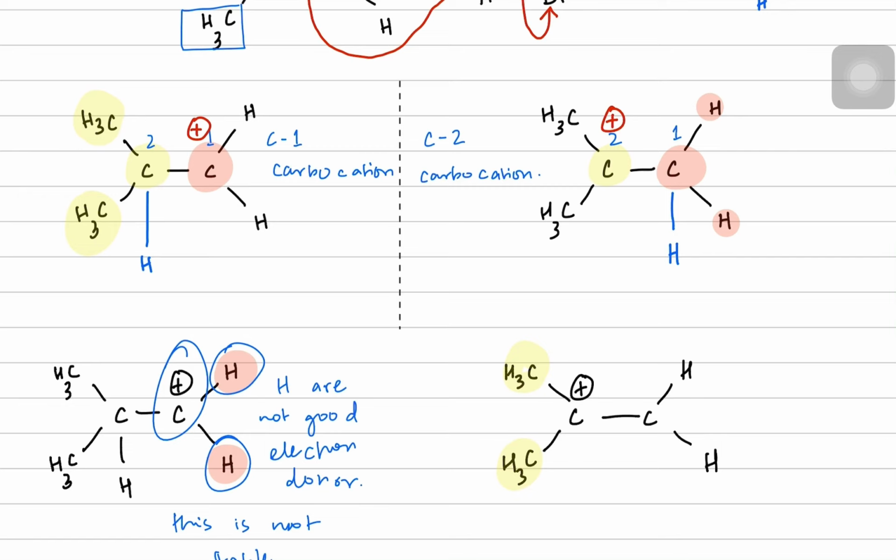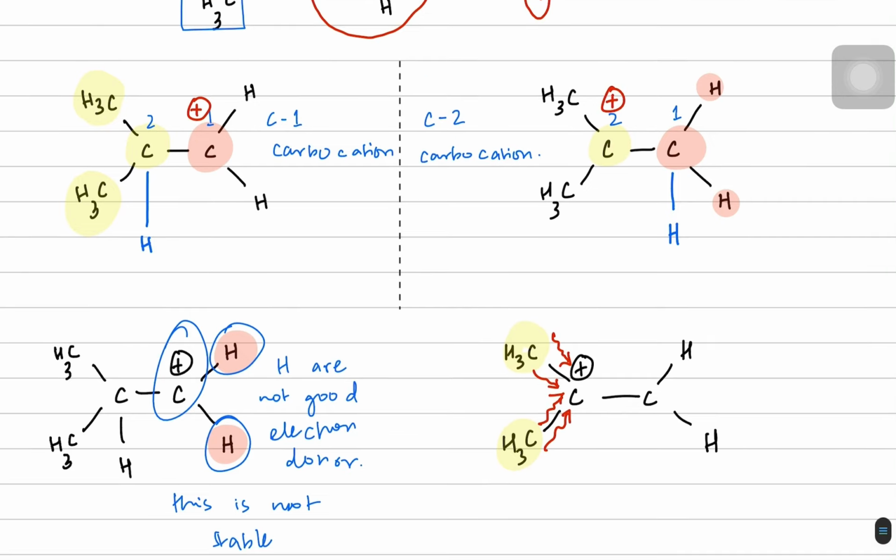So they can at least share some electron density towards the carbon. This support is known as inductive effect. So this electron donor effect, electron sharing effect, this support which the methyls are giving to the carbocation to make it stable is called inductive effect. So this is positive inductive effect.